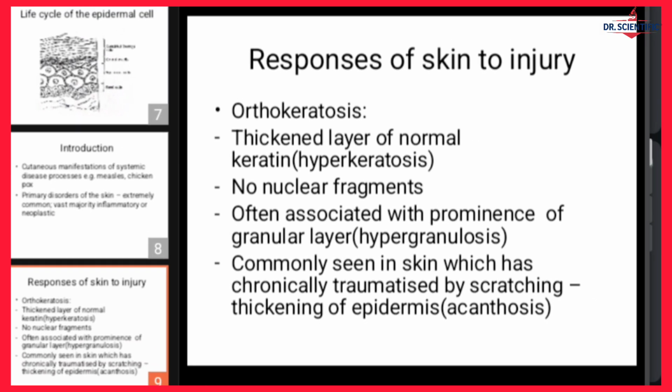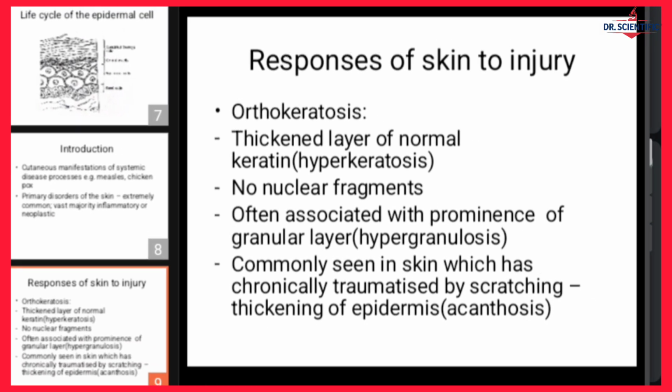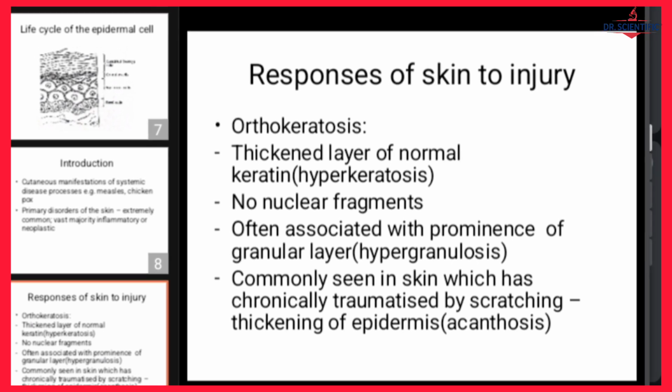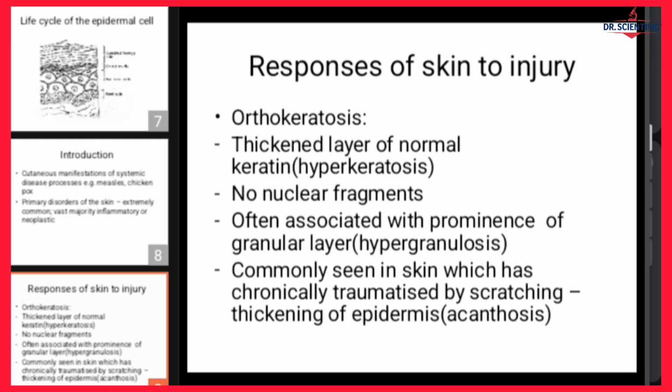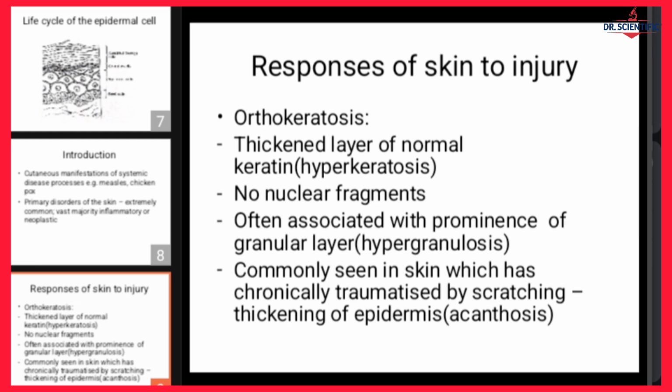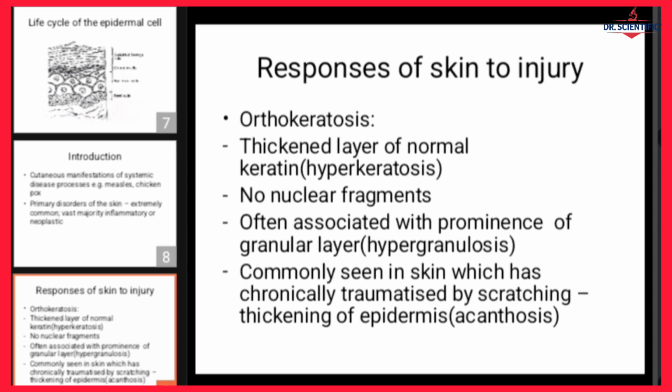This orthokeratosis is usually associated with prominence of the granular layer. Remember the granular layer. That is why it was important for us to go through all those layers, so you can always go back and look at the granular layer. So there is prominence of that layer. We call it hypergranulosis, that granular layer just before you come to the keratin.